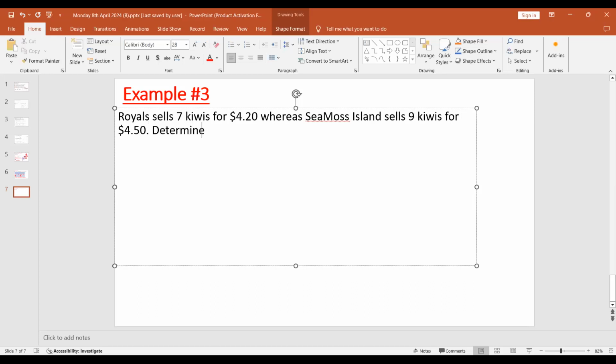Determine which shop has the better buy on kiwis.